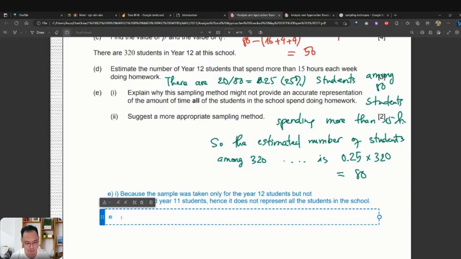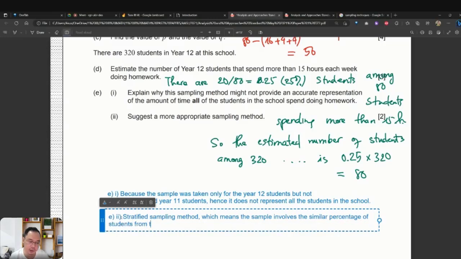E2. Stratified sampling method. It means the percentage of students in the sample involves a similar percentage of students from each year as the percentage of all the students in the school.